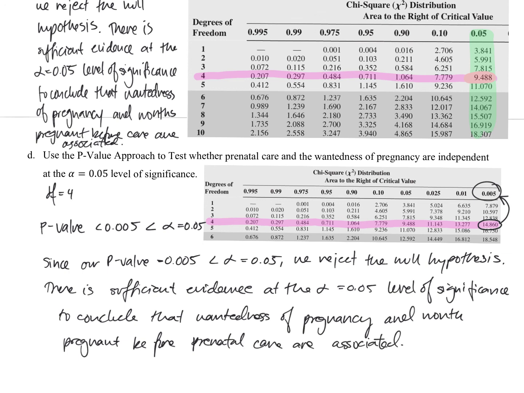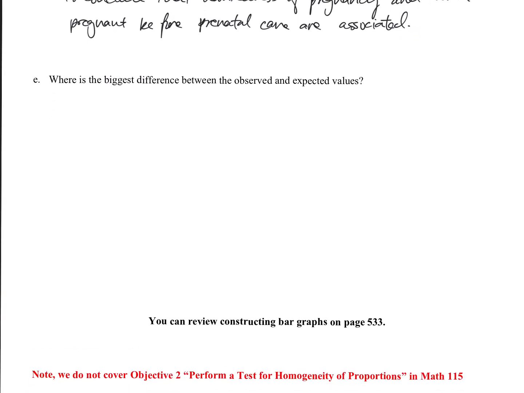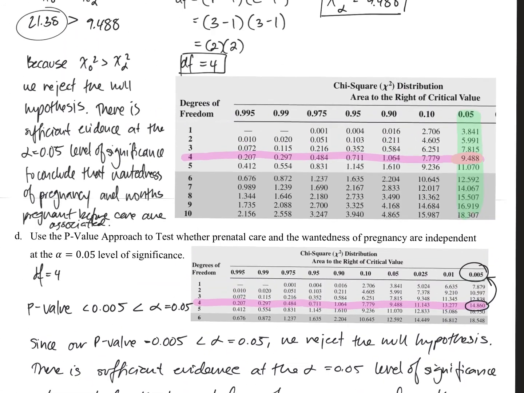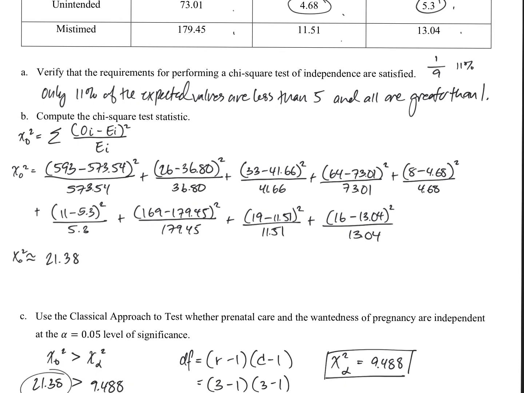Okay, so that was the two different ways to look at it. We used the p-value or the classical approach. And more than likely, I'll state which approach I want you to use on an exam. So here's a question. Where is the biggest difference between the observed and expected values? Let's take a look up here where we're subtracting them. Which one has the largest difference between the observed value and the expected value?